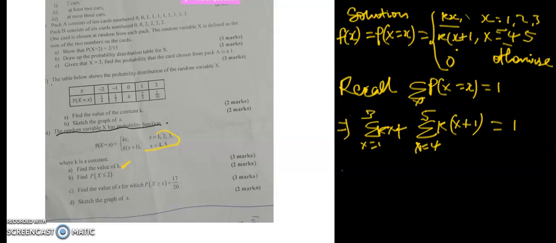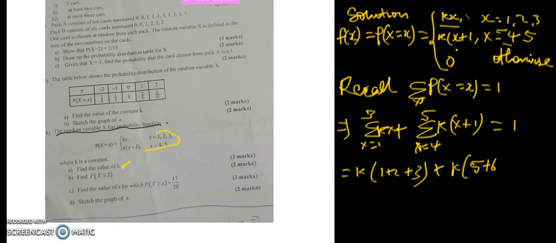This will imply that k will be given by 1 plus 2 plus 3. The summation of 1 up to 3 simply means we add 1 to 3, and plus k, which is a constant, up to 5 plus 6.